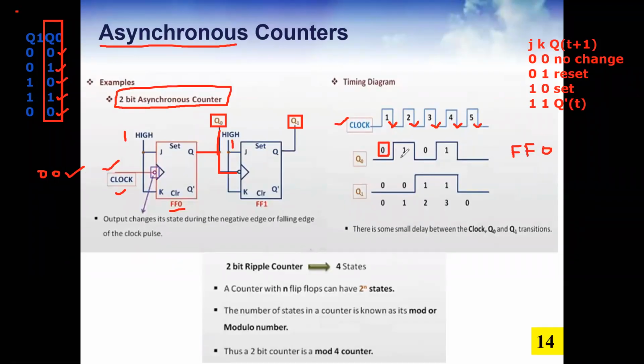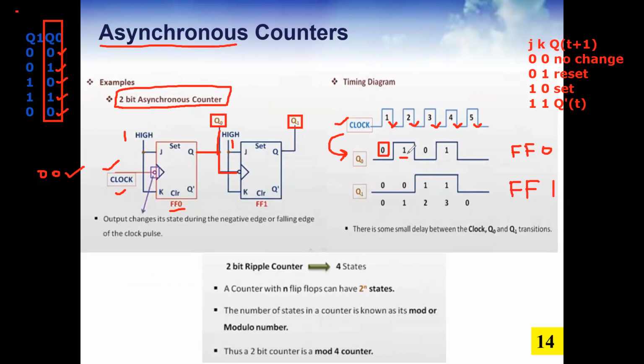So it will make 1. But this clock is only for flip-flop 0, not for flip-flop 1. So it will change the status of flip-flop 0. Now 0 will become 1. We will discuss the second waveform, which is for flip-flop 1, later. I am explaining flip-flop 0 first with the help of this clock, because this clock is given to flip-flop 0 only.